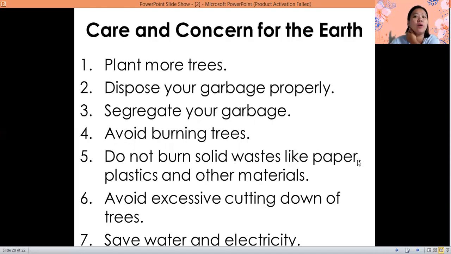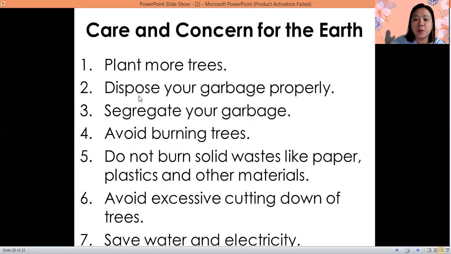Okay, so how are we going to show care and concern for the earth para to maintain our earth cleanliness? Okay, so first, we need to plant more trees para yung ating air is gonna be a fresh air, unpolluted air.